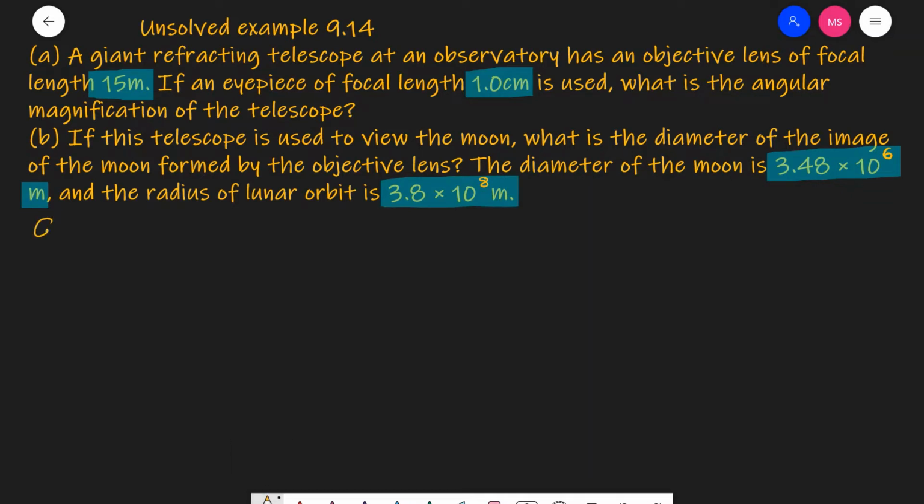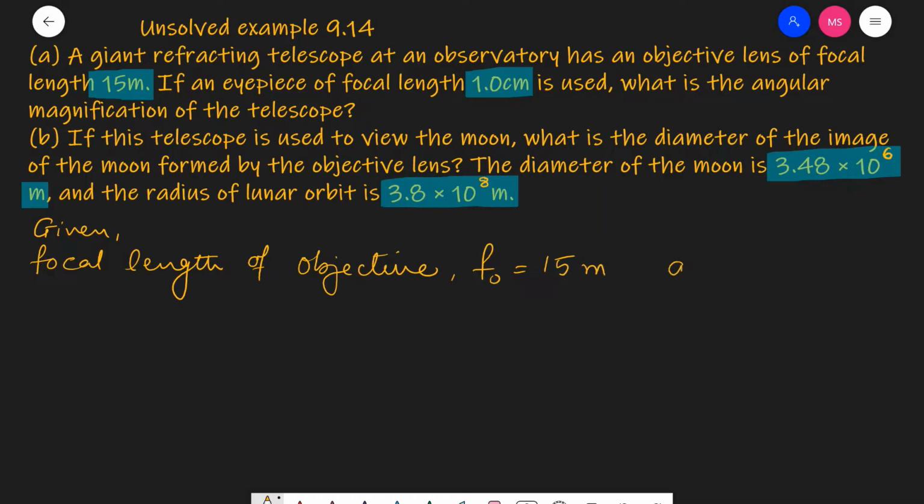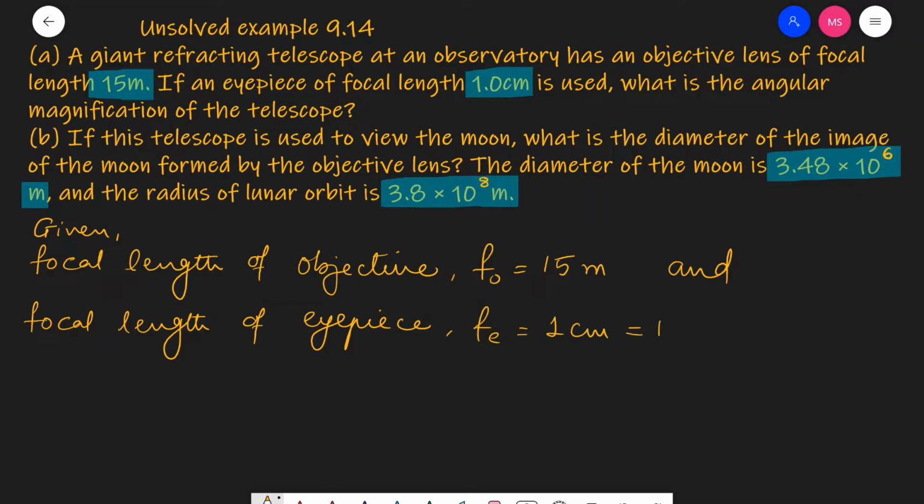So, given focal length of objective FO is equal to 15 meter and focal length of eyepiece FE is equal to 1 centimeter, that is equal to 1 into 10 to the power minus 2 meter.